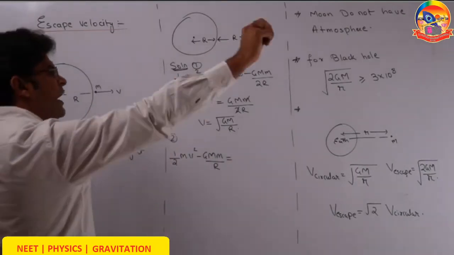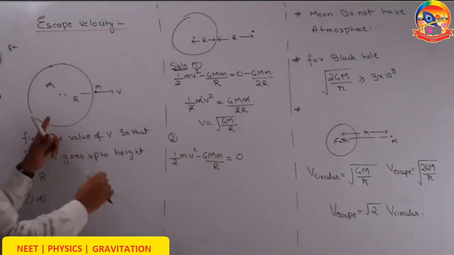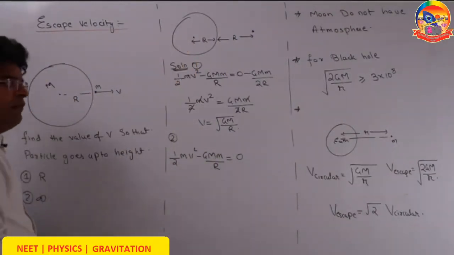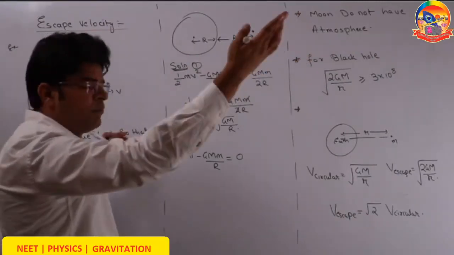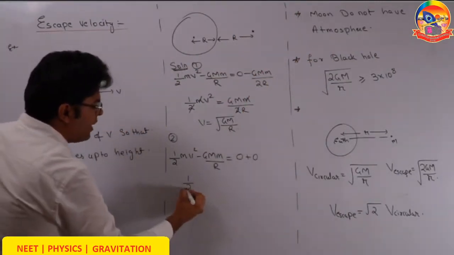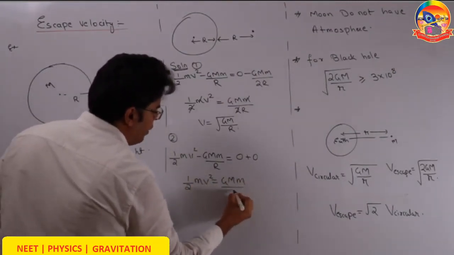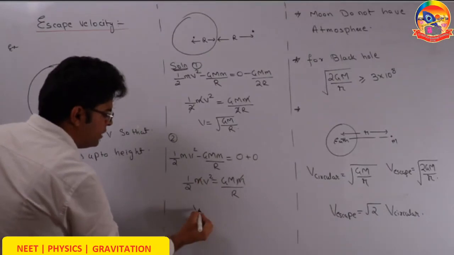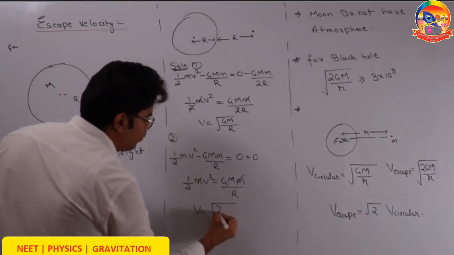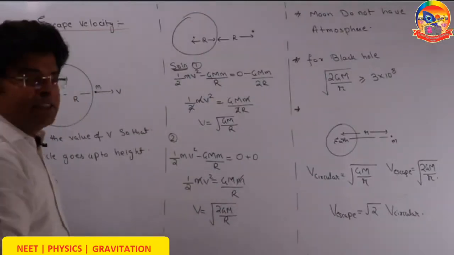After reaching height infinity, the kinetic energy should become 0, plus final potential energy. When the separation becomes infinite, the potential energy also has to be 0. So from here we get half mv square equals GMm by R. Cancelling out m and m, the speed has to be equal to under root of 2GM by R. And this is called the escape velocity.